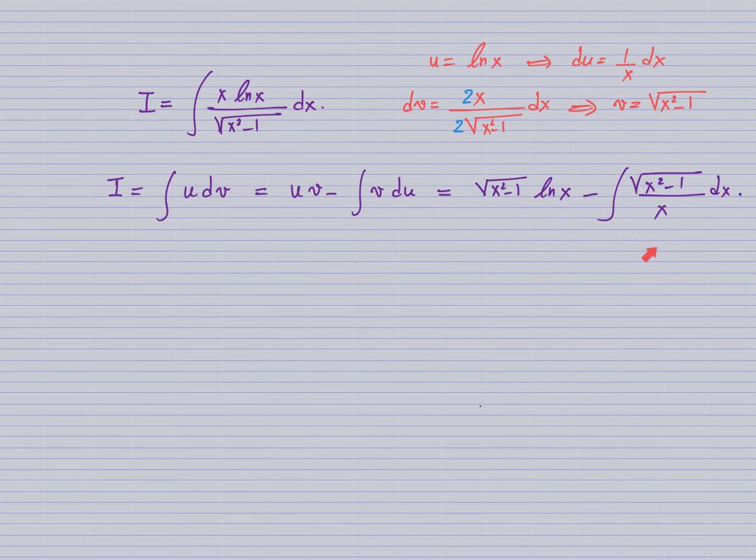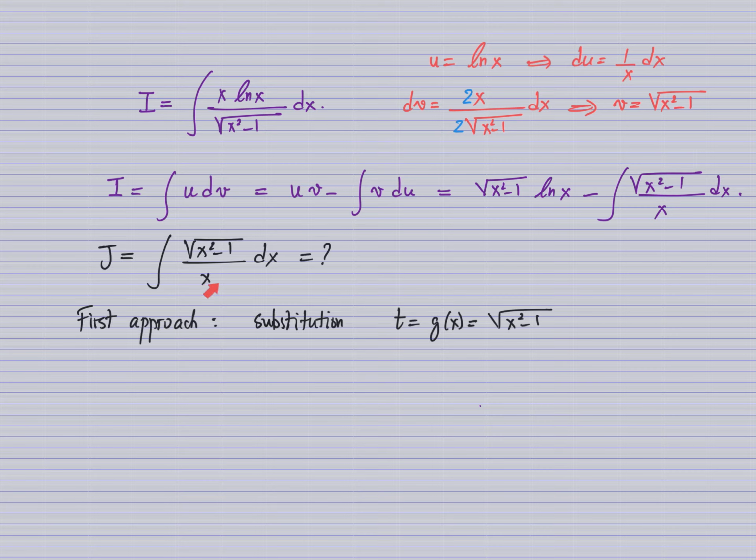So now we have to deal with this integral, so let's call it J. I'm going to give two different approaches to deal with this integral. The first approach is the substitution t equals g of x equals square root of x squared minus 1.